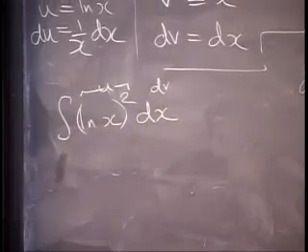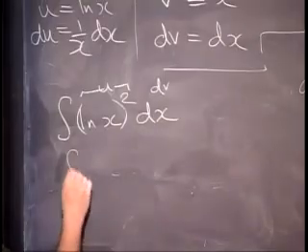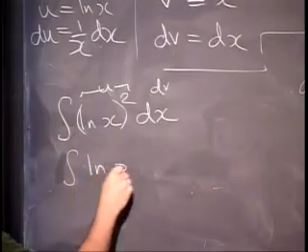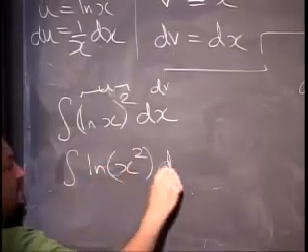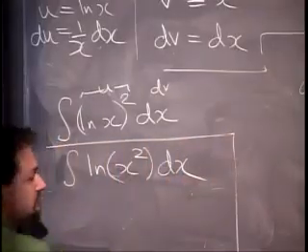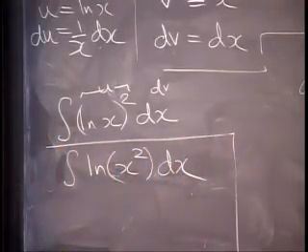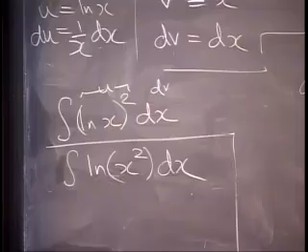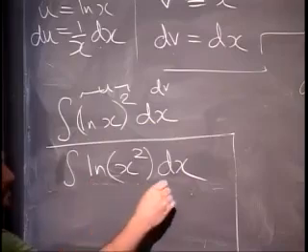By the way, as an aside, how would you do the integral of log of x squared dx? Anyone have a bright idea of how to do that? I would say you would want this to be u, if anything, and that be dv.